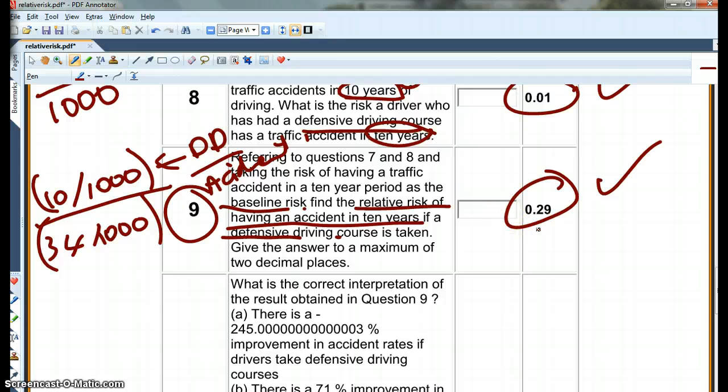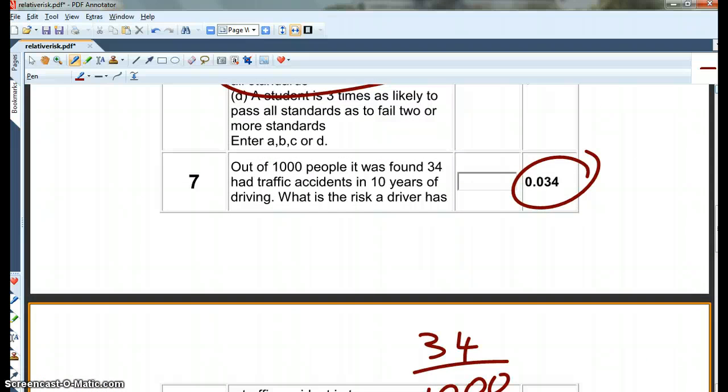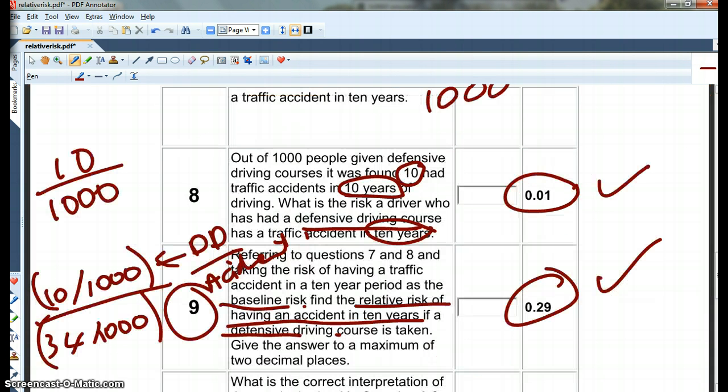Yeah. But if we go back here, what was question 7? Out of 1,000 people, it was found that 34 had traffic accidents in 10 years. So that's actually whether they've done a defensive driving course or not, isn't it?